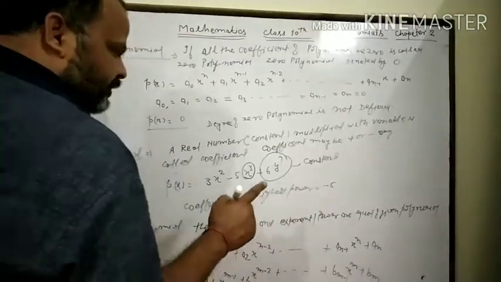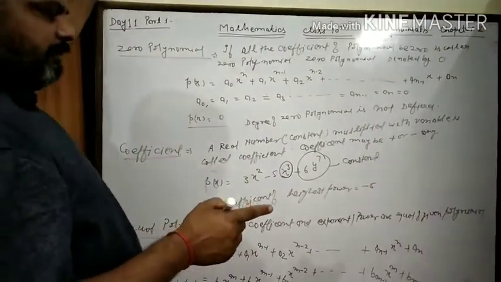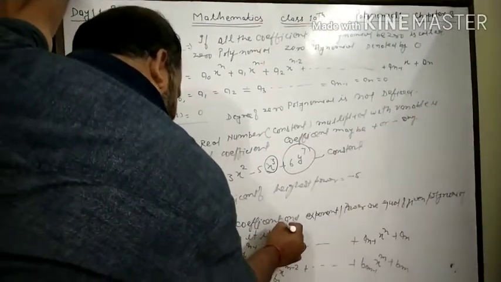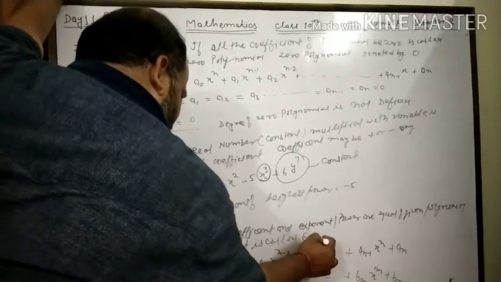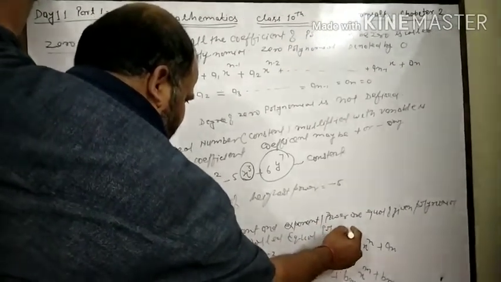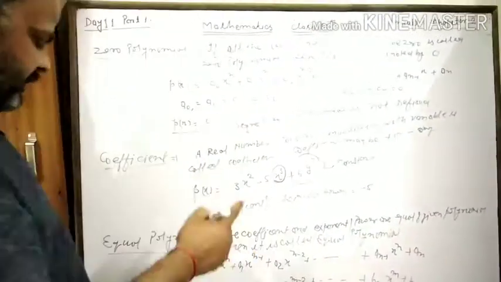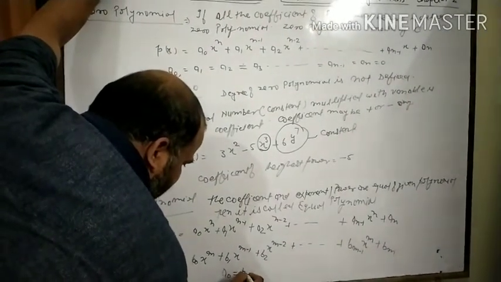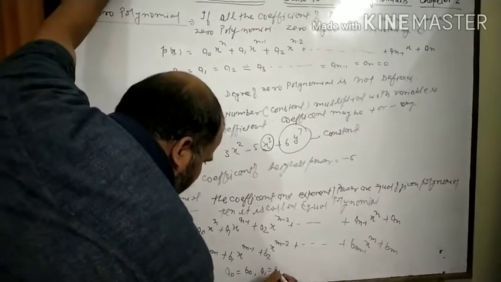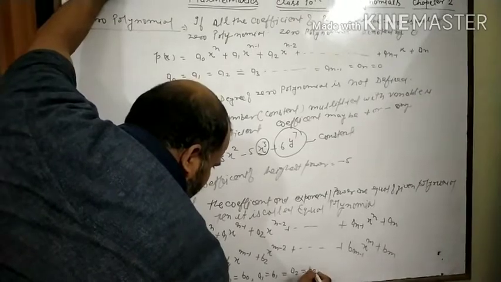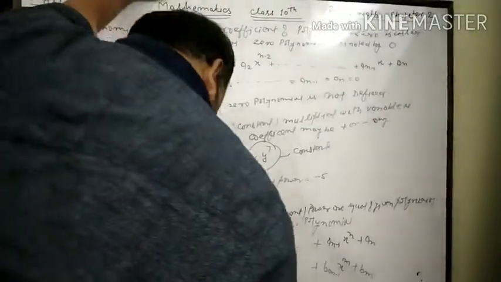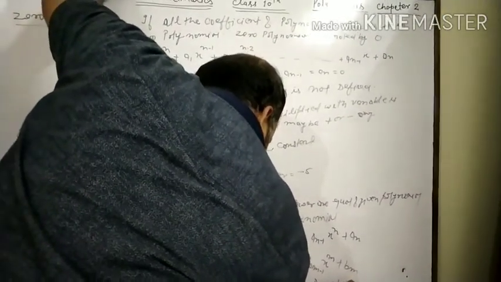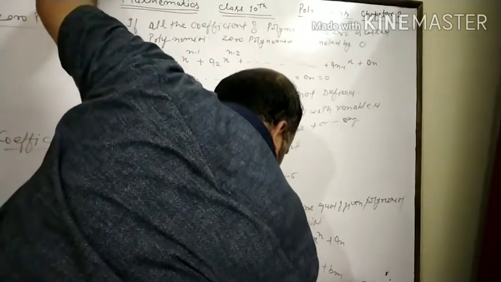Is that clear? What does that mean? Here a0 is equal to b0, a1 is equal to b1, a2 is equal to b2, and in the same way a(n minus 1) is equal to b(m minus 1), an is equal to bm.